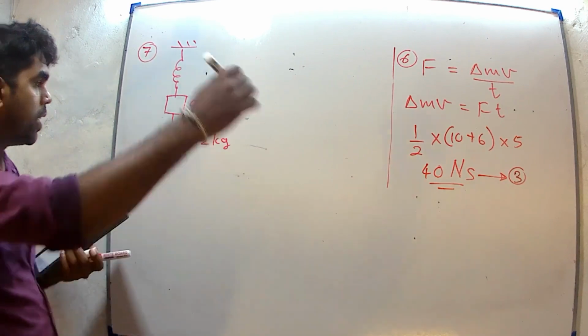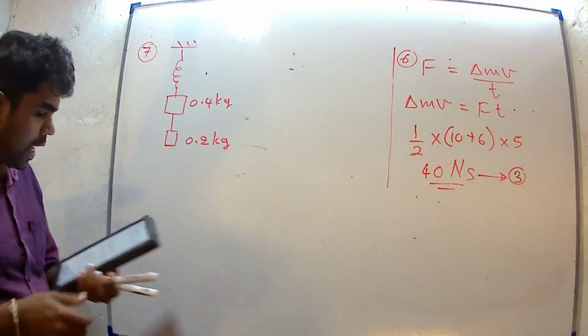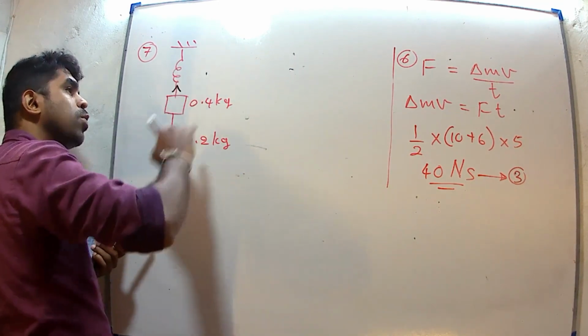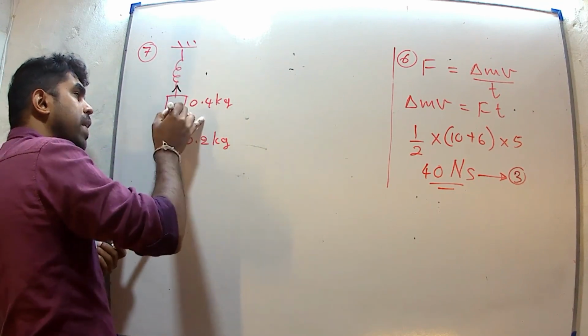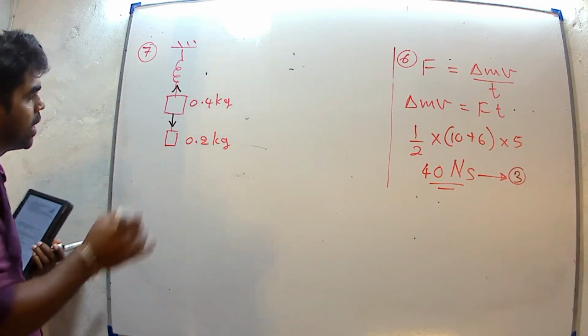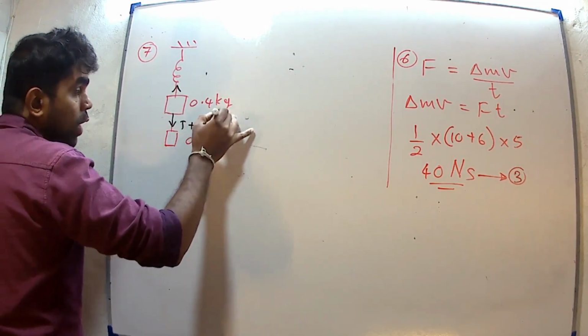The thread is burnt. When considering this situation, it is in equilibrium. Therefore, the force due to the spring should be equal to the tension of the thread plus this weight. Weight is 4 newton.